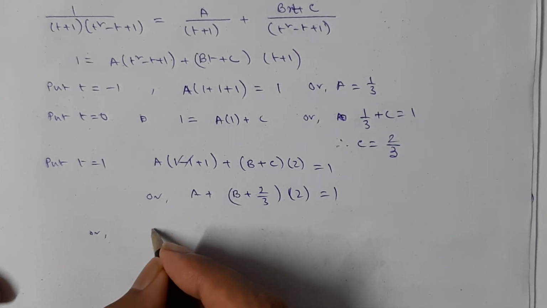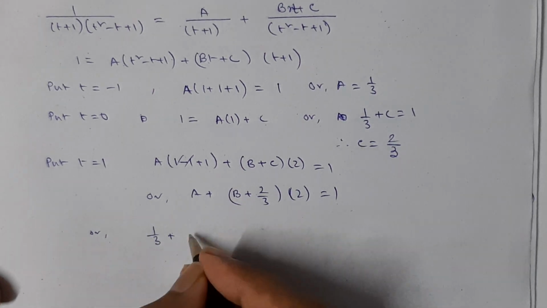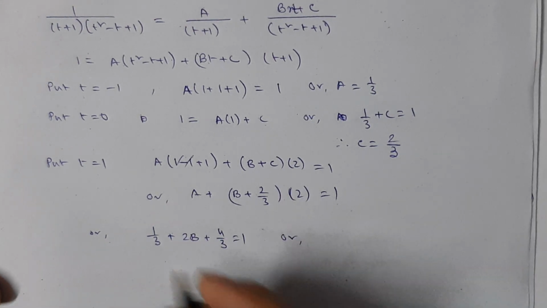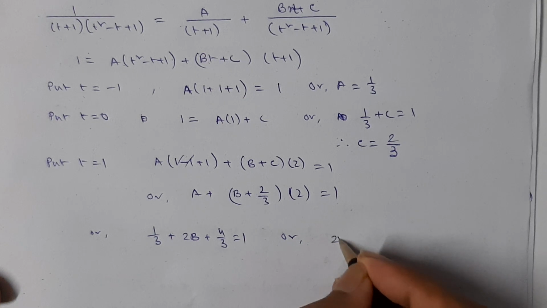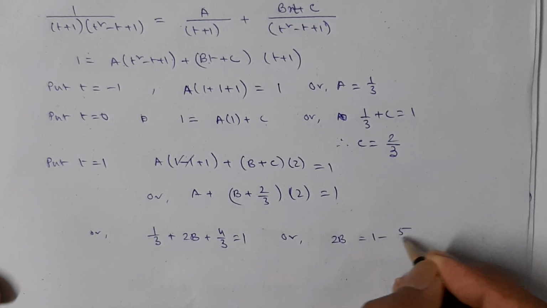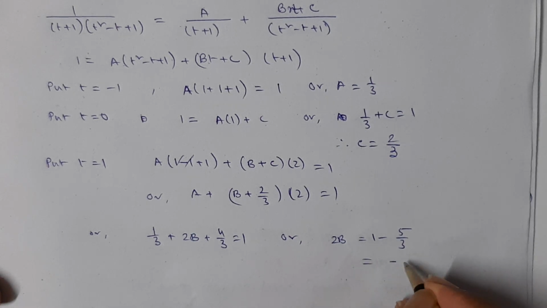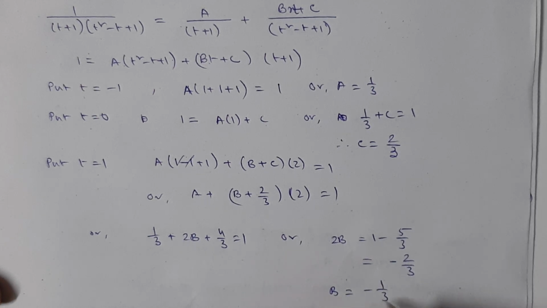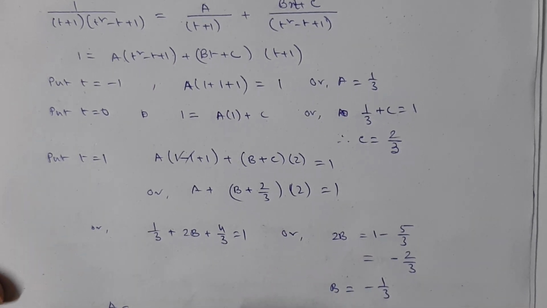The value of a is 1 by 3, so 1 by 3 plus 2b plus 4 by 3 is equal to 1, or 2b is equal to 1 minus 5 by 3, so minus 2 by 3, so b is equal to minus 1 by 3.